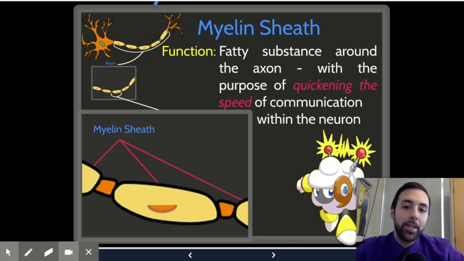The myelin sheath itself plays the role of making the process that we are about to describe in Essential Task 8.2 quicker. Myelin's number one primary goal is to make the process of neural communication as fast as possible. We'll talk a little bit about the finer details as to why that is the case when we progress into the next essential task.